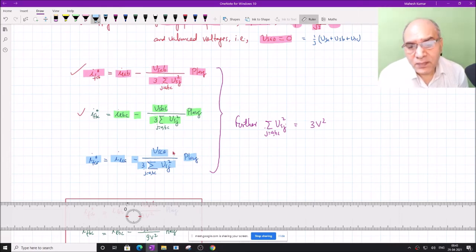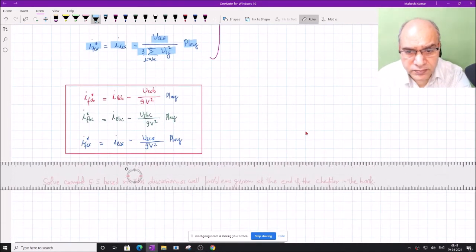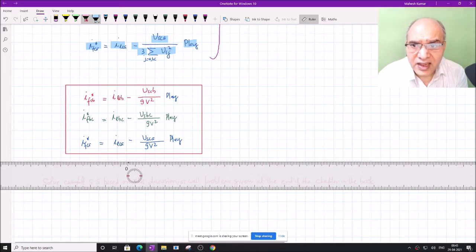Now we already have proved that sigma VSJ square for balanced voltage is nothing but 3V square. Last time we proved that sigma VSJ square is a constant quantity if the 3 phase voltages are balanced sinusoidal of fundamental frequency. Then its value is 3V square. So substitute the 3V square, then we will get the expression as IFAB star equal to ILAB minus VSAB by 9V square into PL average, because this is 3V square, 3 into 3, 9.